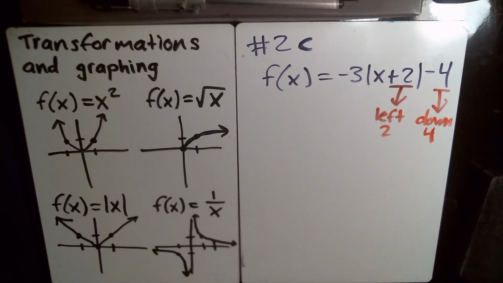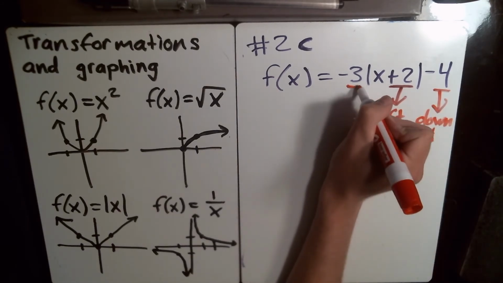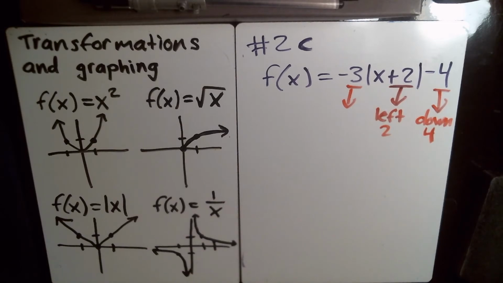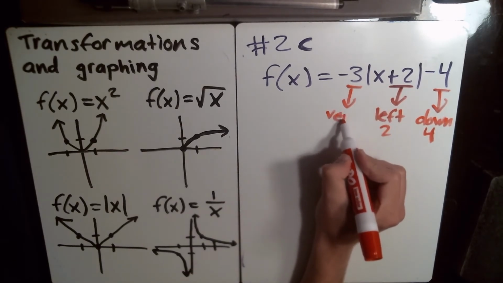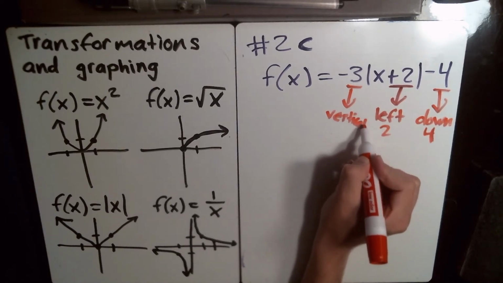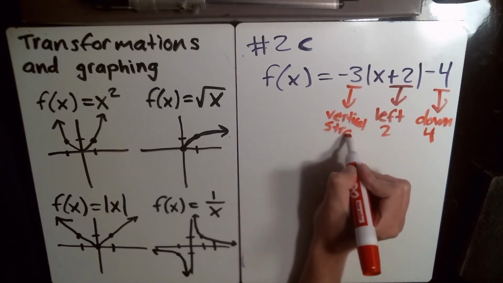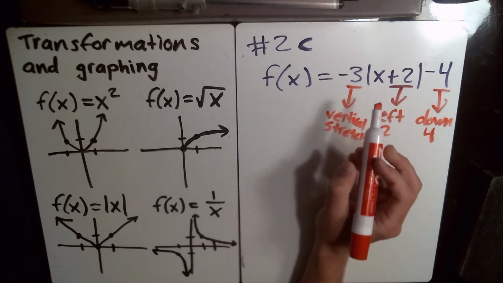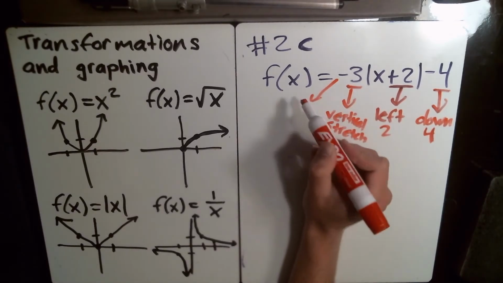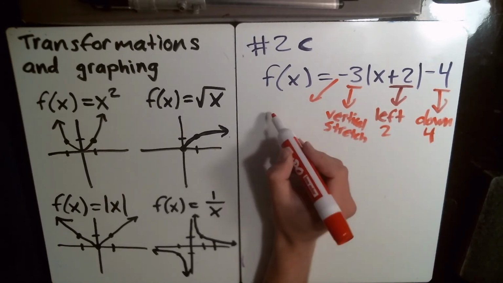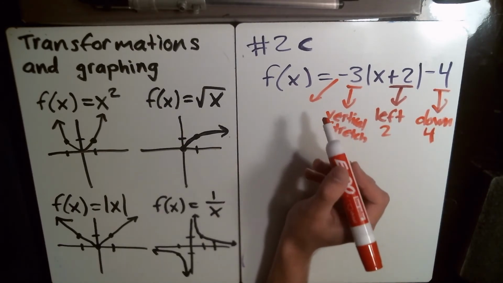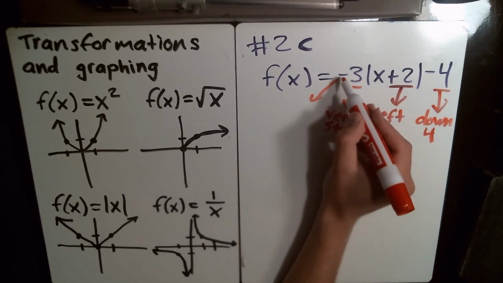The 3 out front is a vertical stretch. And then the negative out front, that means it's going to be reflected over the x-axis.